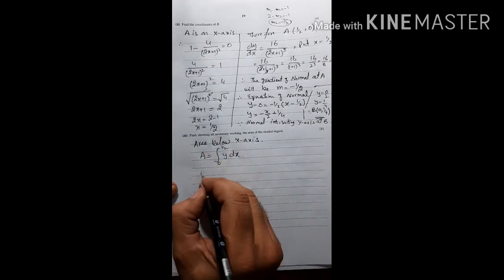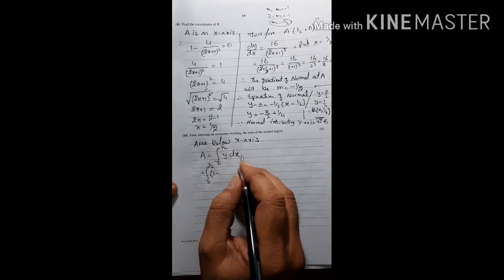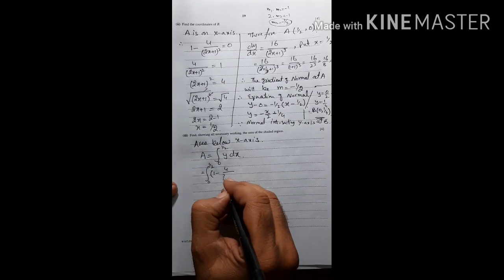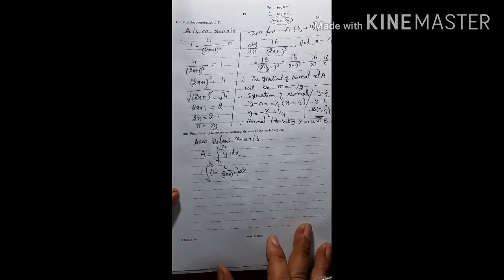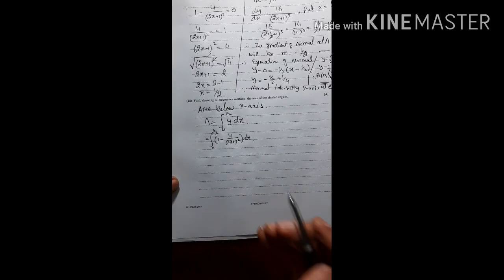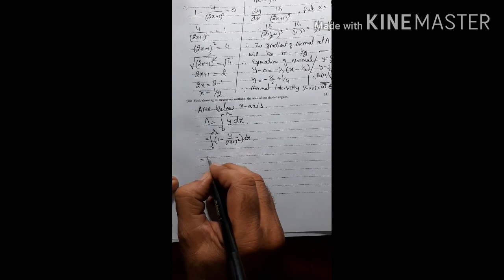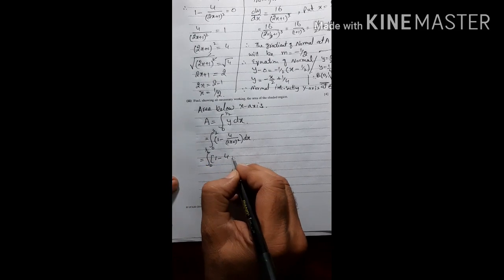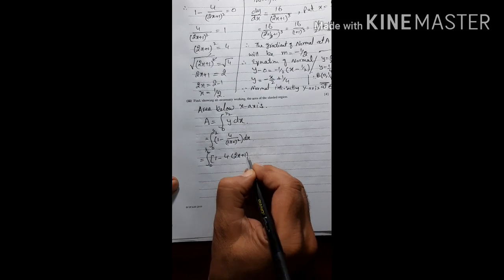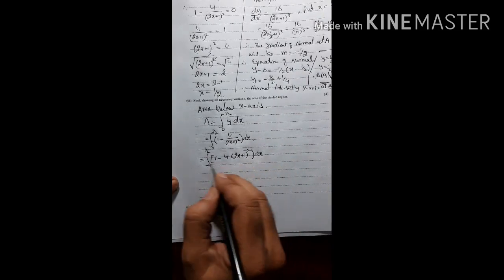So it will be the integral from 0 to 1/2 of 1 minus 4 over (2x plus 1) squared dx. So I can write it as the integral from 0 to 1/2 of 1 minus 4 into (2x plus 1) to the power minus 2 dx. So now I'm going to integrate it.